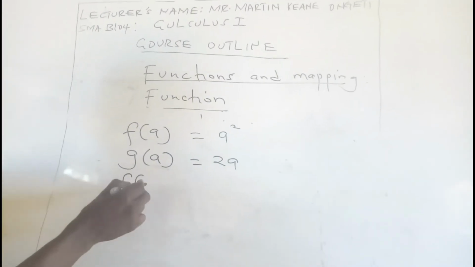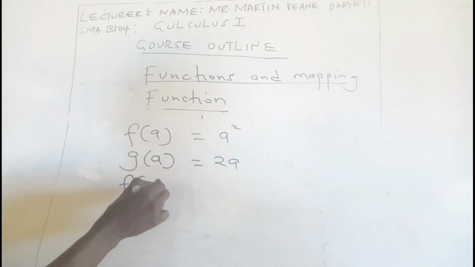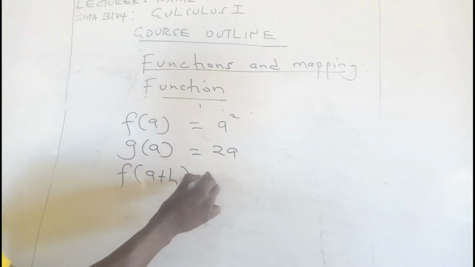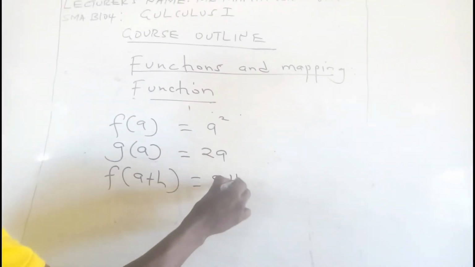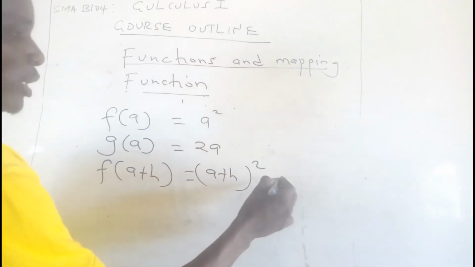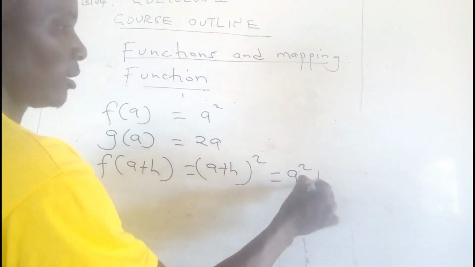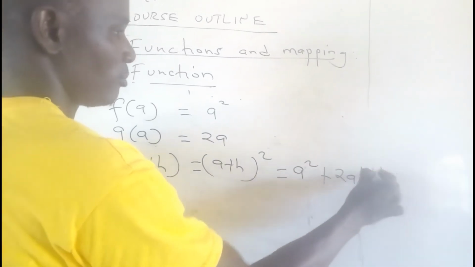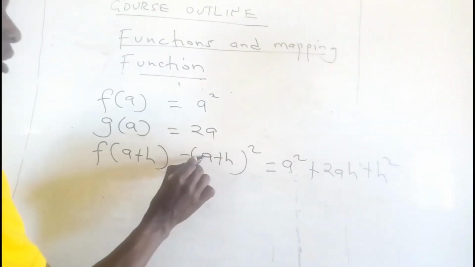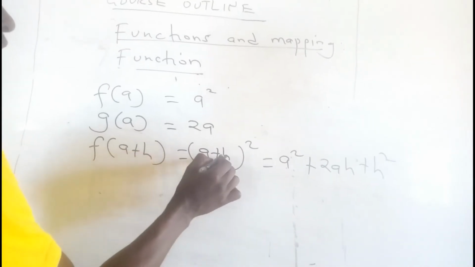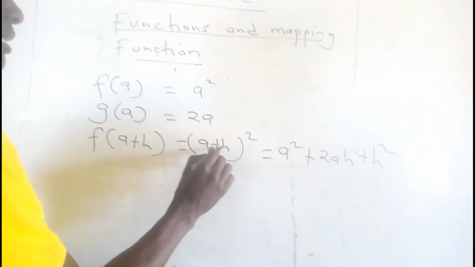Or we can have our value of x being a plus h. Then f of a plus h is a plus h squared, which gives us a squared plus 2ah plus h squared. That is a squared, then 2 times a times h, 2ah, then plus h squared.